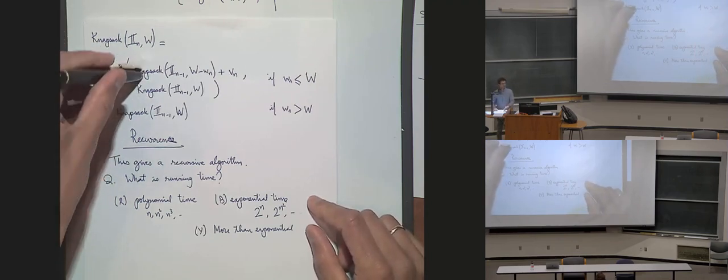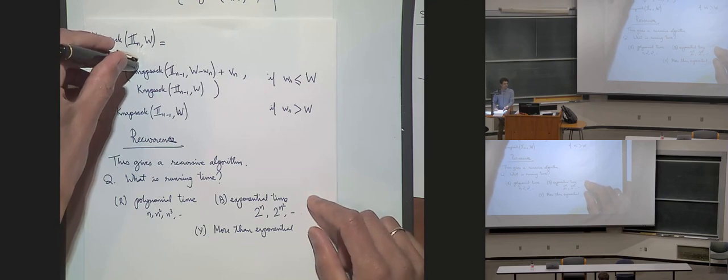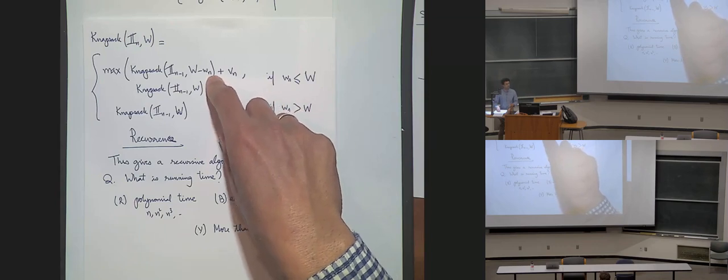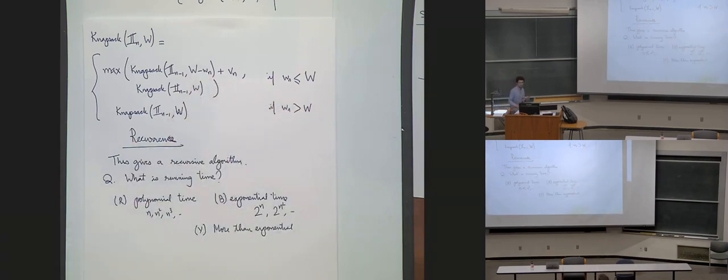If you're in this case, you have to call both these functions. So you're right that you're making progress. I think it could be like a factorial problem, because every time it gets one shorter. Right, so that's not exponential, and that's not more. Well, that could be. Okay.